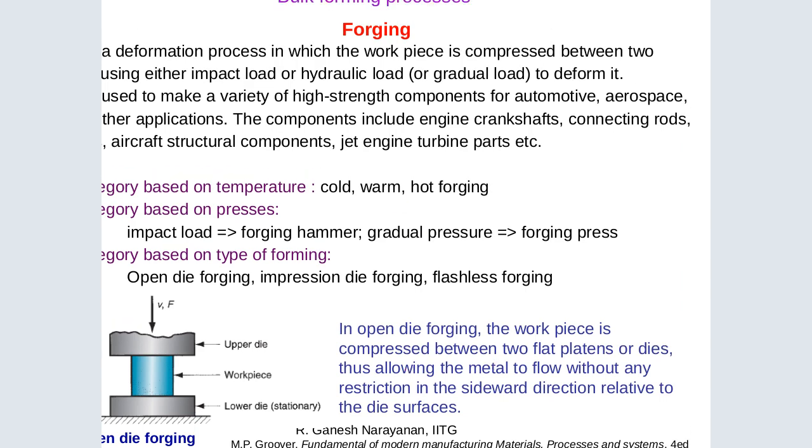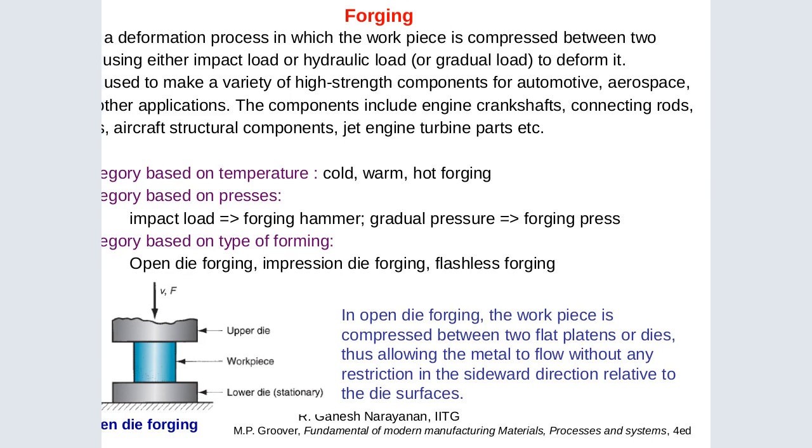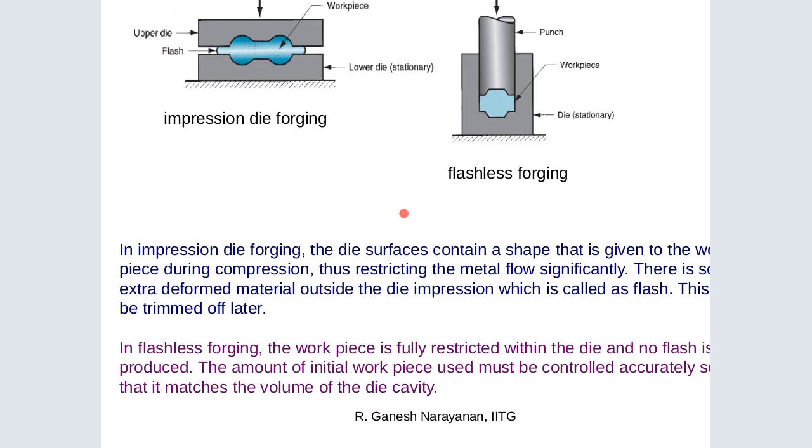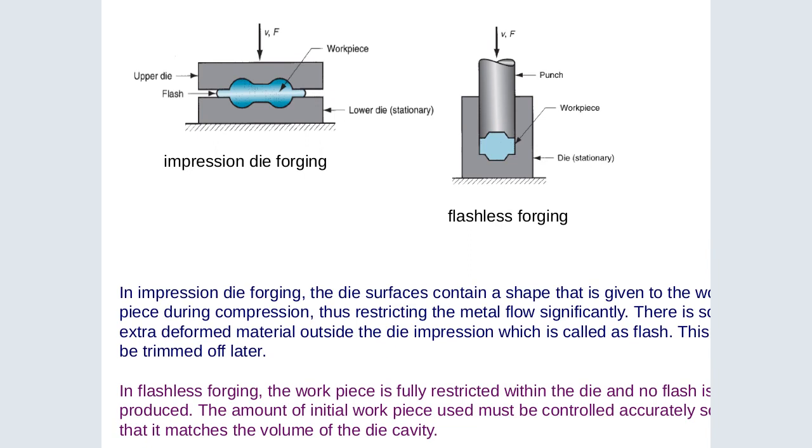In open die forging, the workpiece is compressed between two flat platens, thus allowing the metal to flow without restriction in the sideward direction relative to the die surface. What happens in impression die forging?